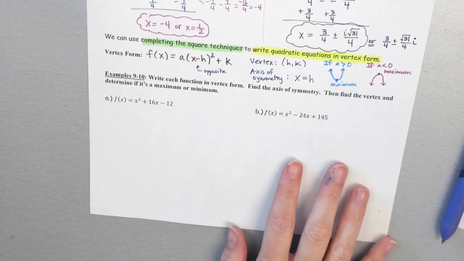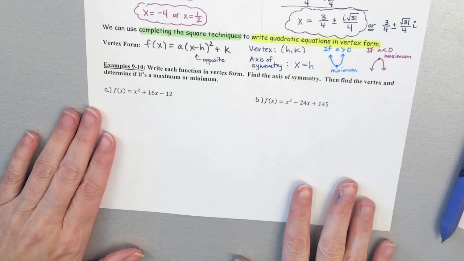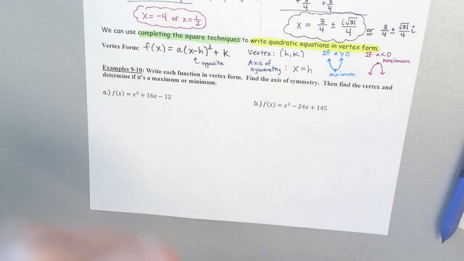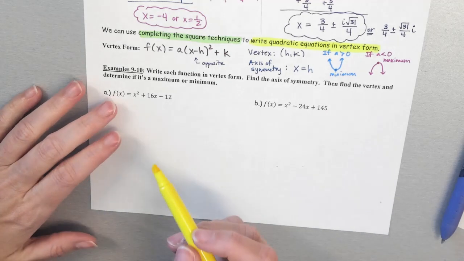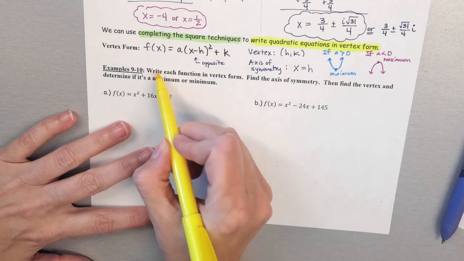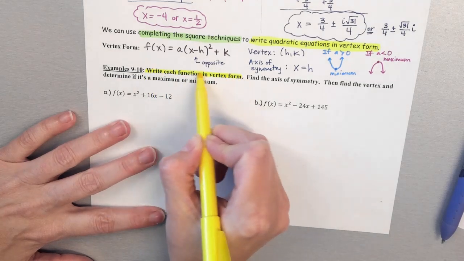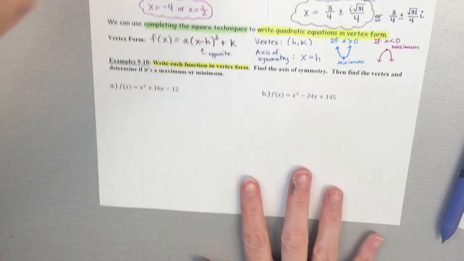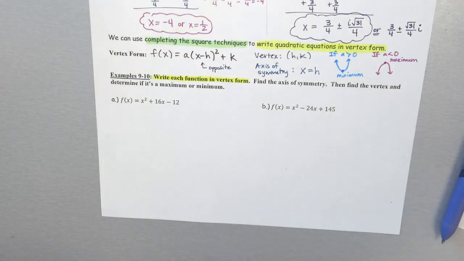Okay, so you have some multi-step directions here. I took the same directions that you're going to see in your book just to make sure you know how to do this on your practice problems. The first thing it says is to write each function in vertex form. You are going to do that with completing the square techniques. Then it's going to ask you to find your axis of symmetry.